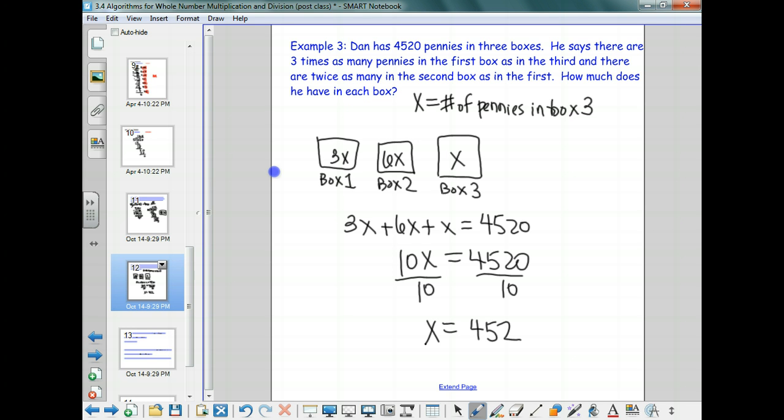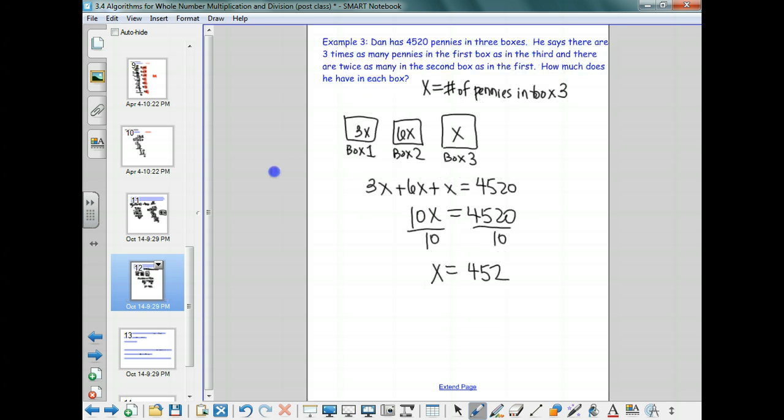It actually asked me how much does each box have, so I need to answer that question. I can start pretty quickly with box 3 has 452 pennies. Then what? Multiply by 3. Did you do that yet, Madison? Yeah. Okay, so box 1 is what you're working with.